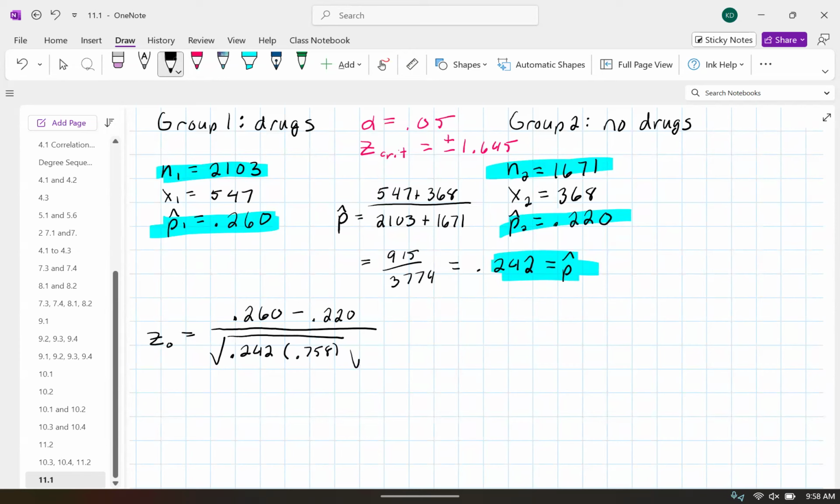I never leave myself enough space. 1 over my N1 is 2103 plus 1 over 1671.